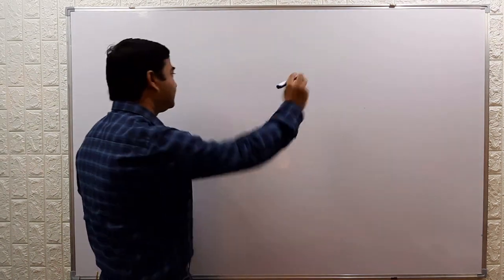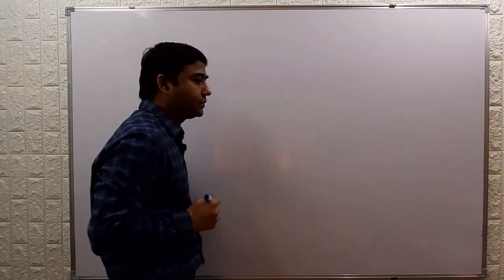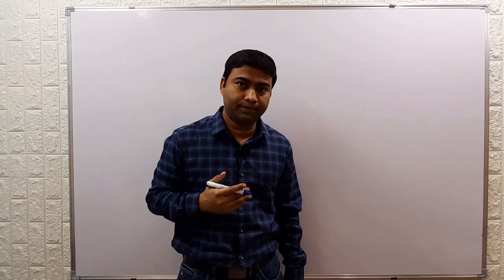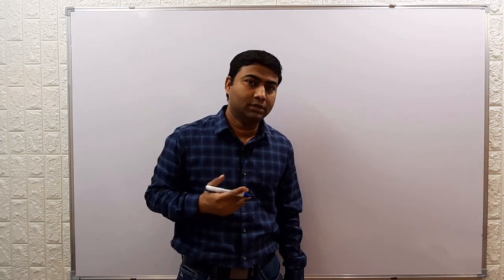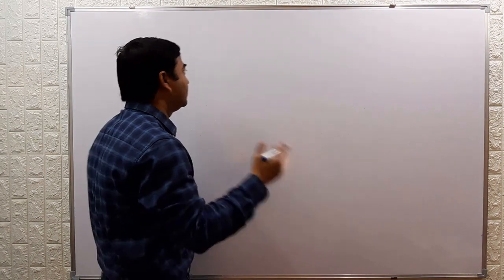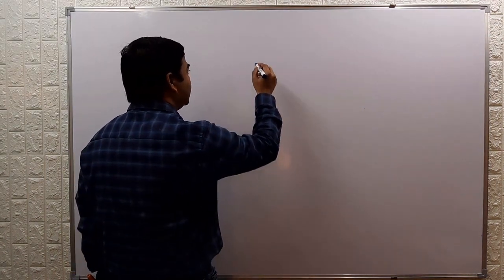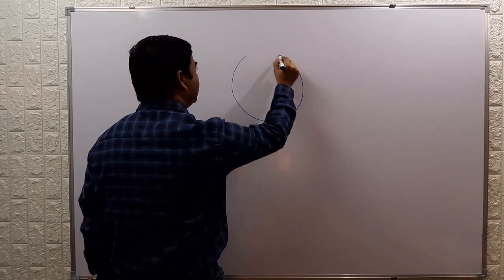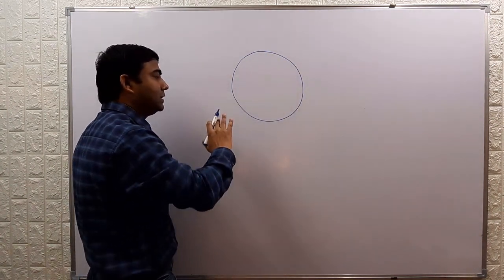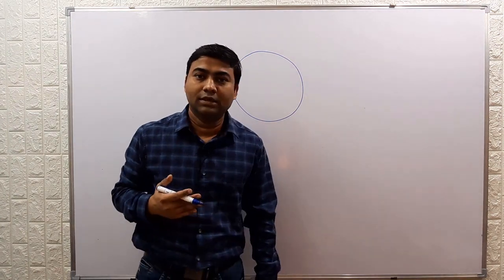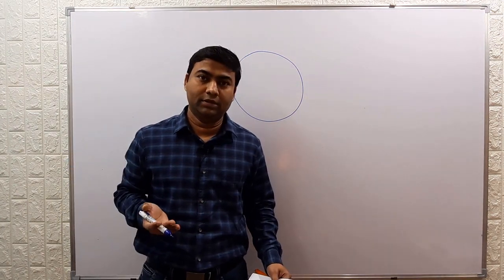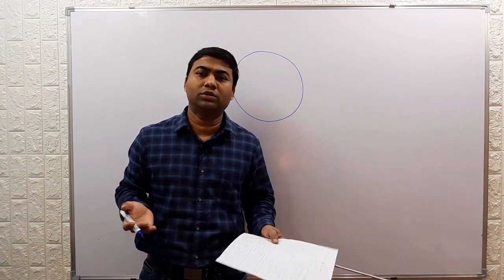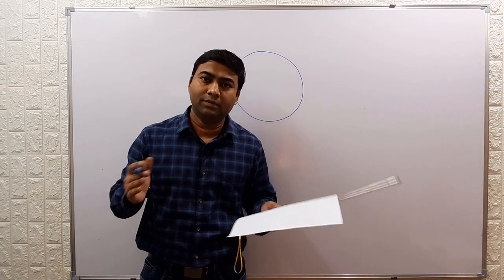So first of all, Gauss's theorem. Gauss's theorem is called the Gauss divergence theorem. What is the statement of Gauss's theorem in mathematical form? First of all, there has to be a closed surface. A closed surface can be any closed boundary like a sphere, closed cylinder, any closed three-dimensional boundary.